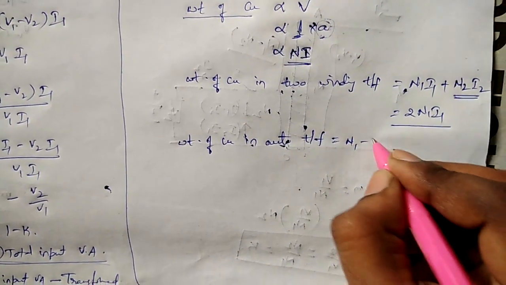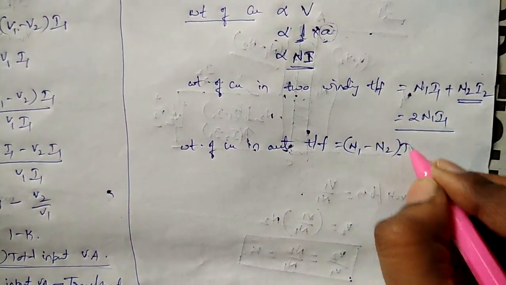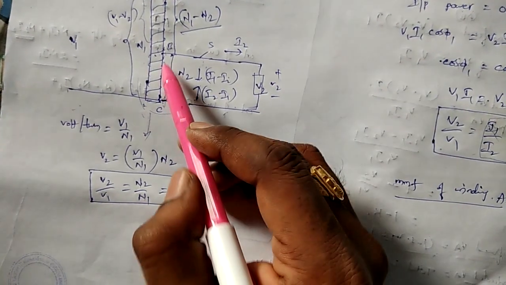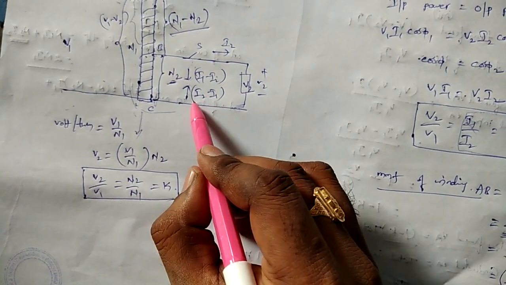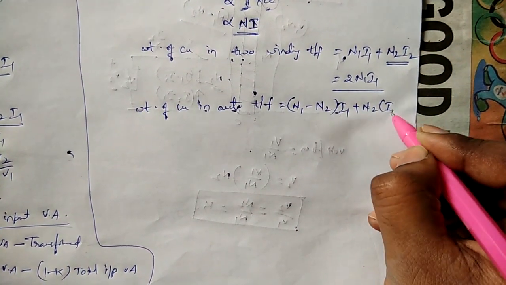So n1 minus n2 into I1 plus, in this part, the number of turns will be n2 and the current flowing is I2 minus I1. So let us write that one: n2 into I2 minus I1.